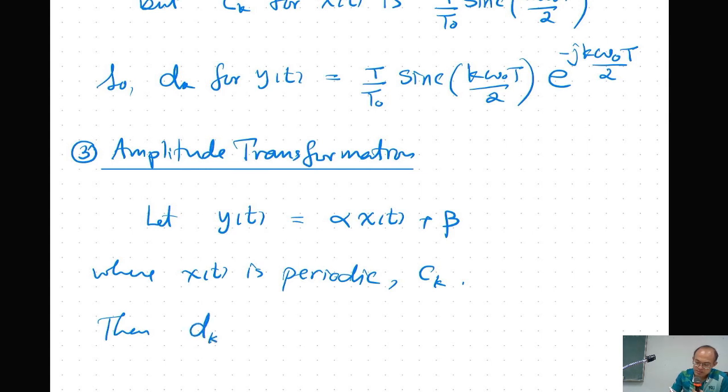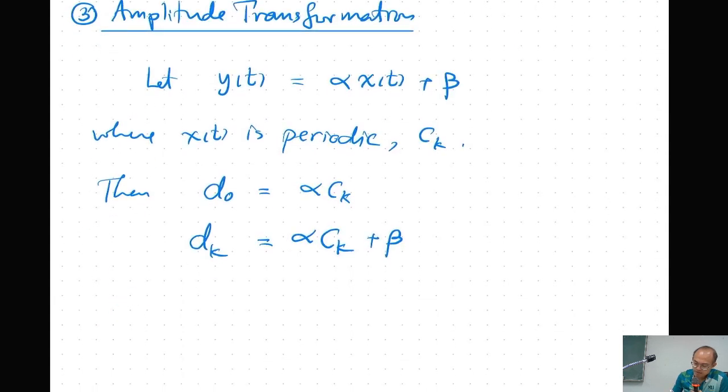Then d0, the Fourier series coefficient of y, would be alpha ck, and dk would be alpha ck plus beta.